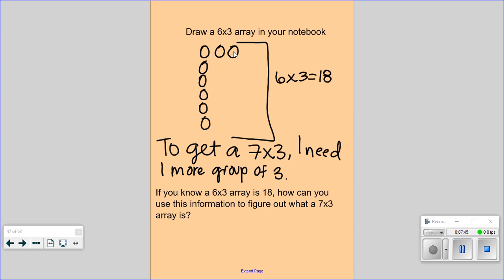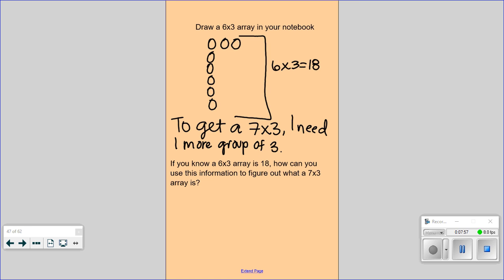Now I'm going to change that English into math language. So the math language version of that is going to look like this. 6 groups of 3. I have that to start with. I'm going to put it in parentheses because it's a little group. And I just said I need one more group.